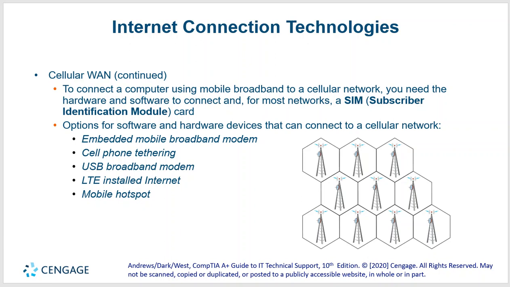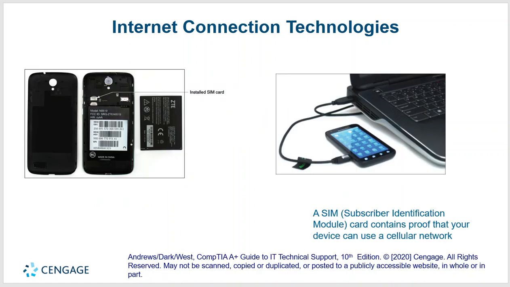And you could use a mobile broadband modem, not just a phone with the SIM. You could do cell phone tethering, use a USB broadband modem, and do hotspots. So there's a little picture of a SIM in the back of an old phone.